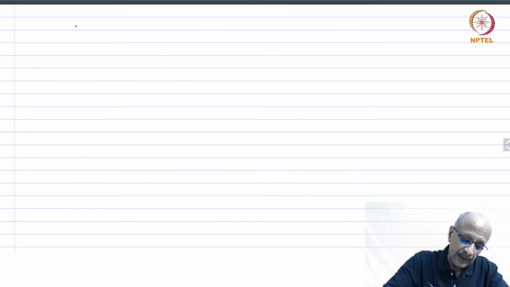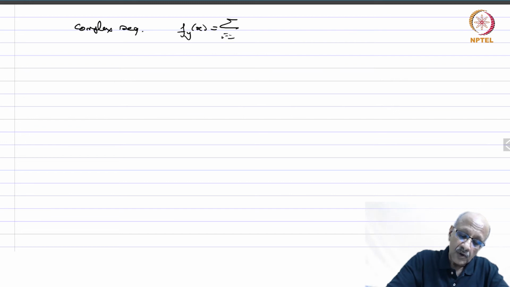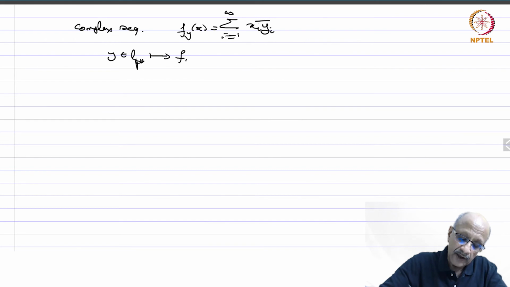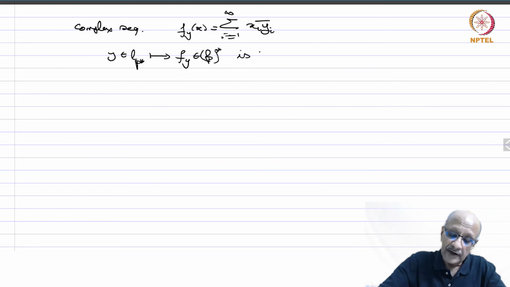In the previous thing, as I said, we did everything as though it was real. If we are looking at complex sequences, then you will define f y of x as sigma i equals 1 to infinity xi yi bar. Then the mapping y in LP star going to f y in LP star is conjugate linear.